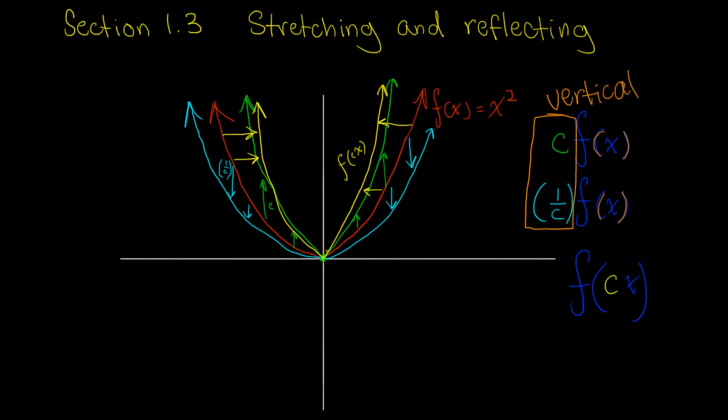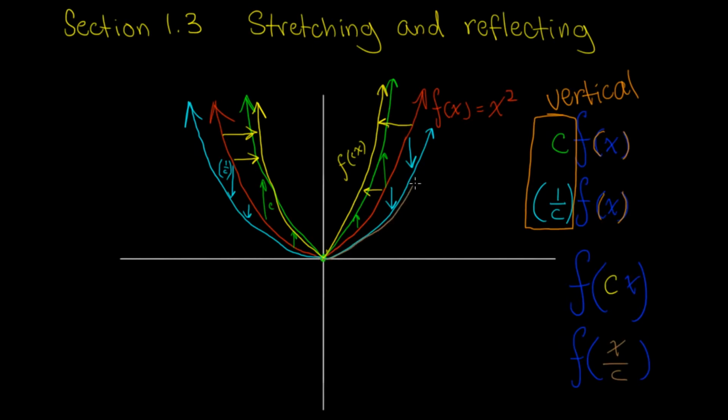Excuse me. Now, if you're multiplying inside your argument by 1 over c, then essentially you get x over c. You're just dividing by c, and that has the opposite effect of what you probably would normally think.